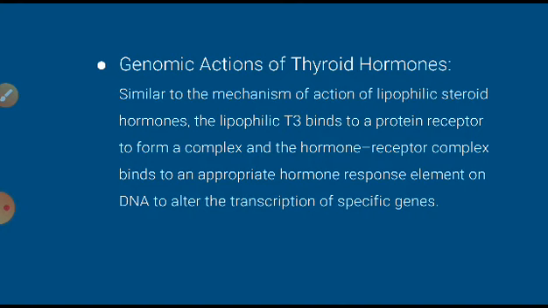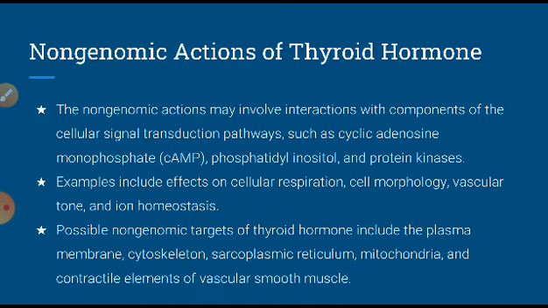Genomic action of thyroid hormones, if you see, is similar to the mechanism of action of lipophilic steroid hormones. The lipophilic T3 binds to a protein receptor to form a complex, and the hormone receptor complex binds to an appropriate hormone responsive element on DNA to alter the transcription, which I have already shown you in the diagram. We'll see the non-genomic action of thyroid hormone.